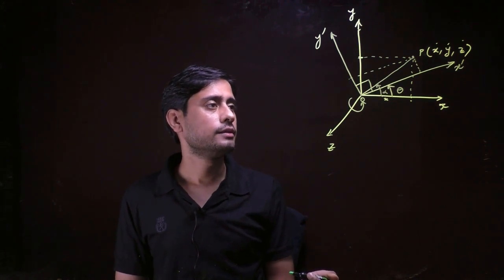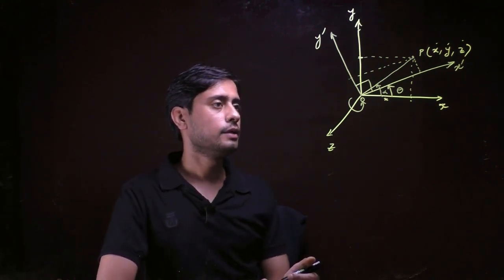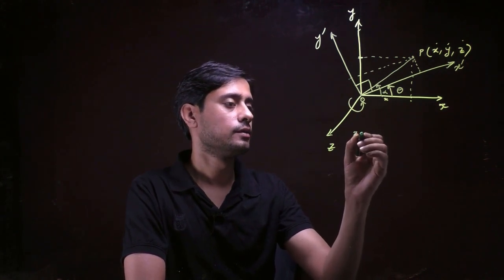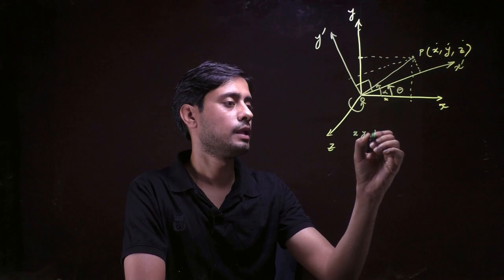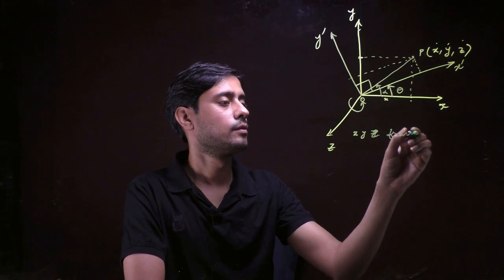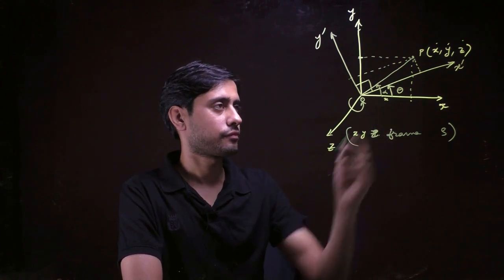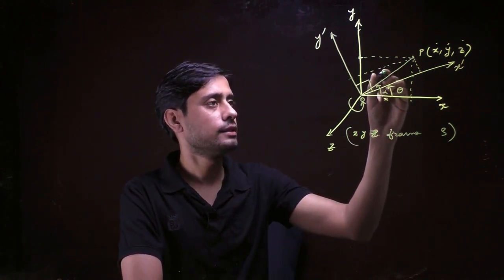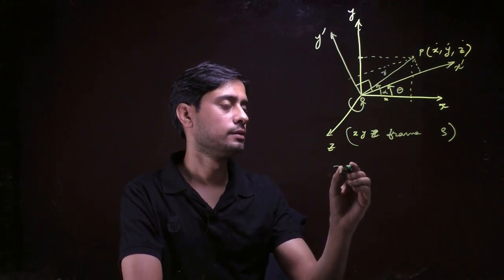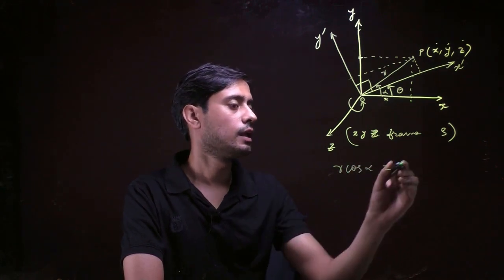Now we can write some trigonometric relations, and that will be in the x y plane, in the x y z frame, or you call it the S frame. We have considered this length to be r. So we have r cos alpha equals x.